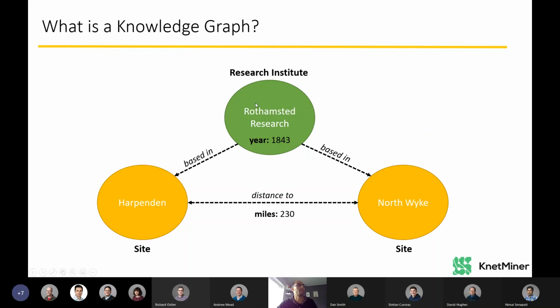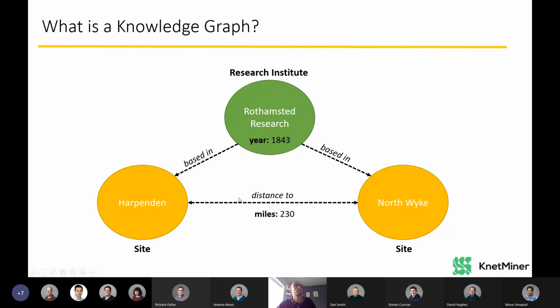So in this case, we've got a label Research Institute, and Harpenden and Norswick are sites. And nodes are connected through edges. Each edge will again have a label. So in this case, the relationship is called based in, and the relationship between Harpenden and Norswick is called distance to in this case.